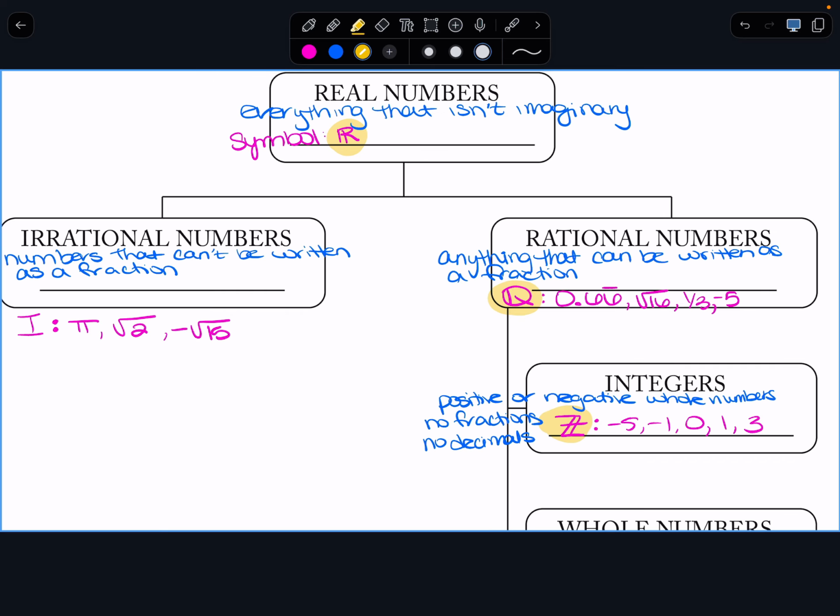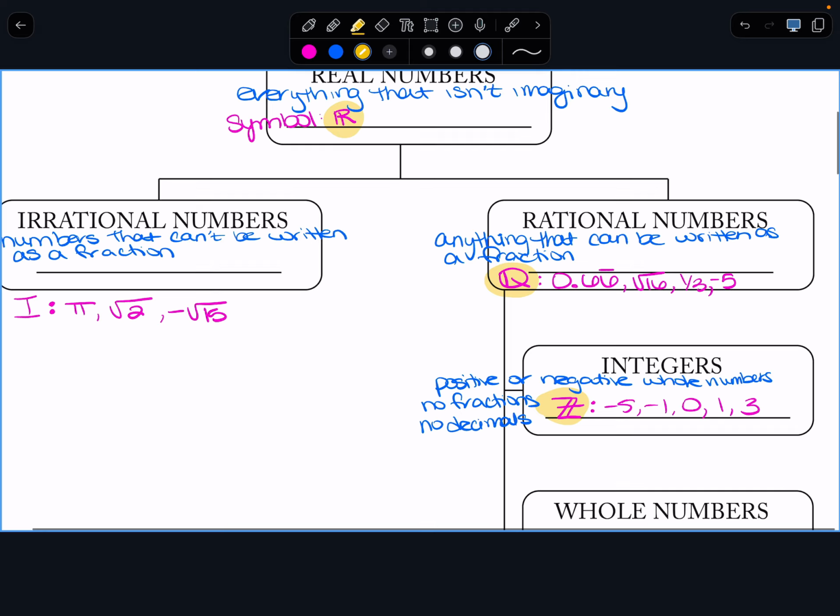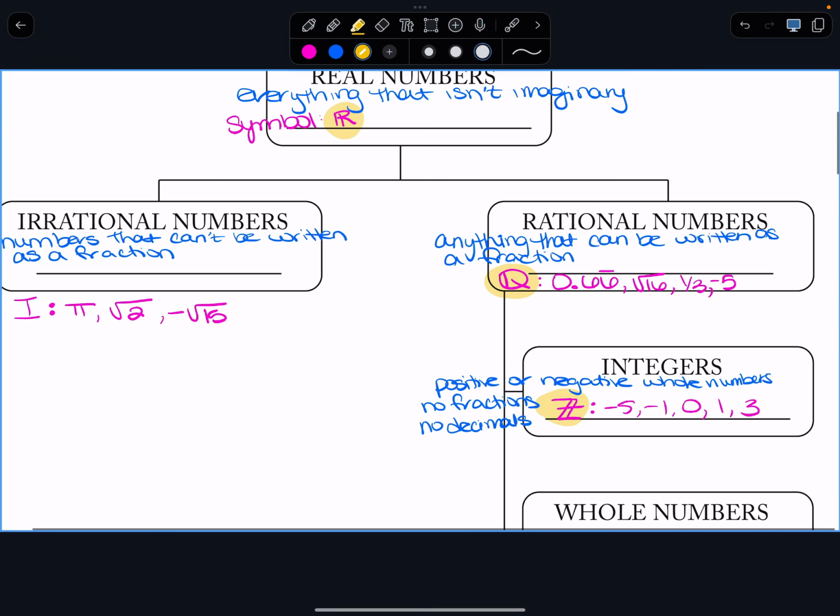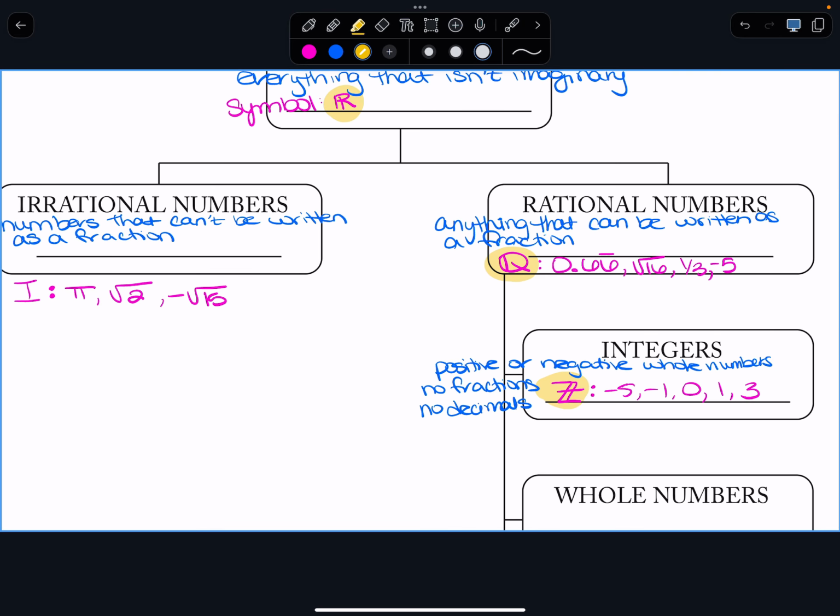The one for natural numbers too, I'll do natural numbers in a second. The other two, for irrational and whole numbers, are just made up. They don't have official ones. They're not special enough to have a classification. Well, that's sad. I know.